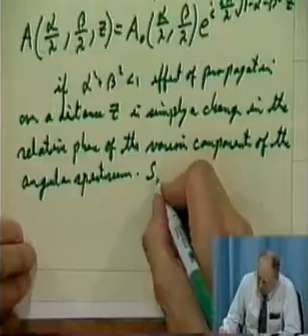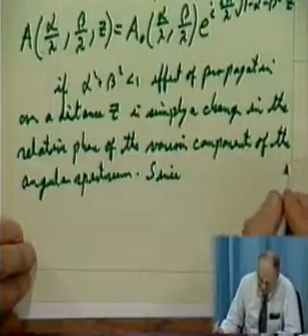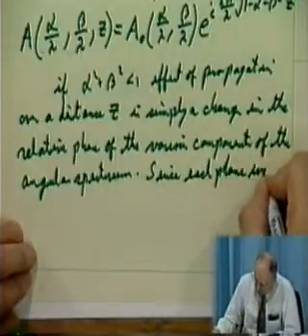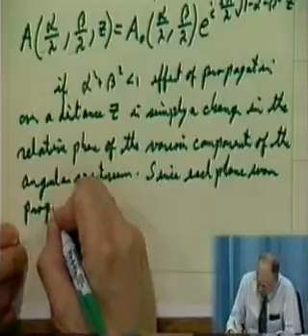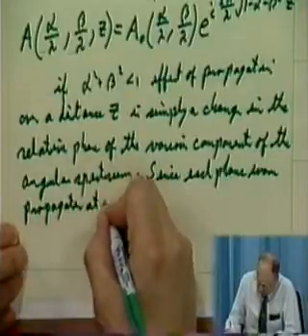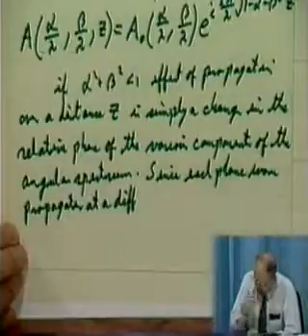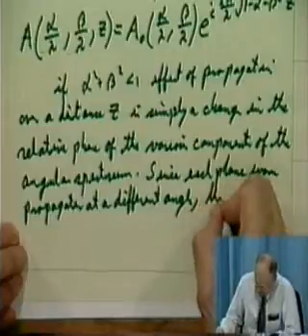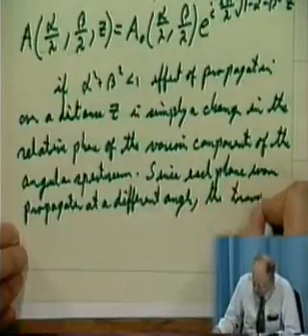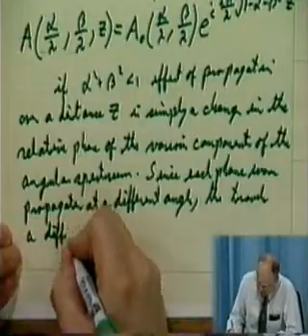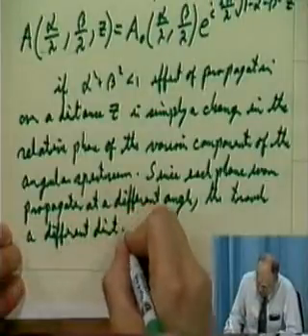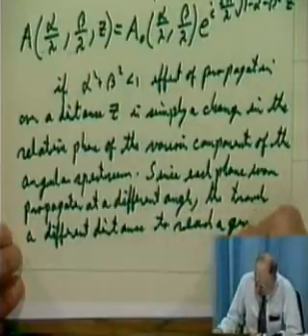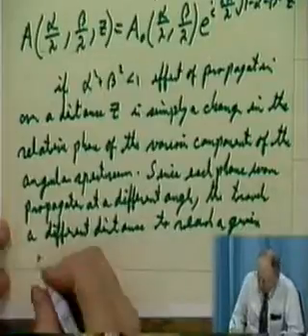And then what we go on and say, since each plane wave travels at a different angle, so each plane wave propagates at a different angle, each travels a different distance to reach a given observation point.